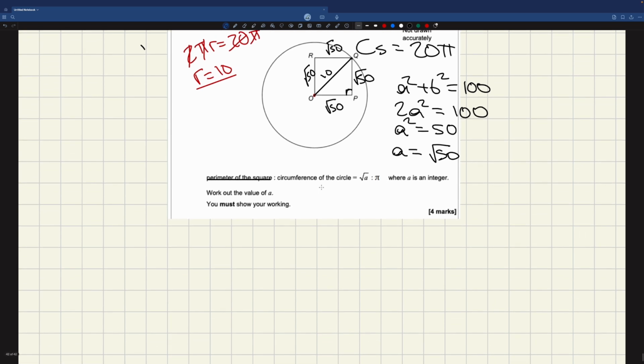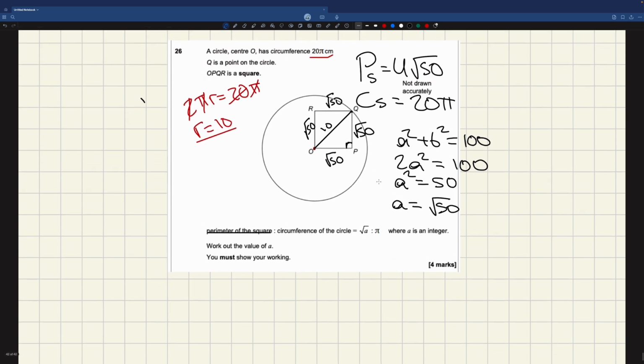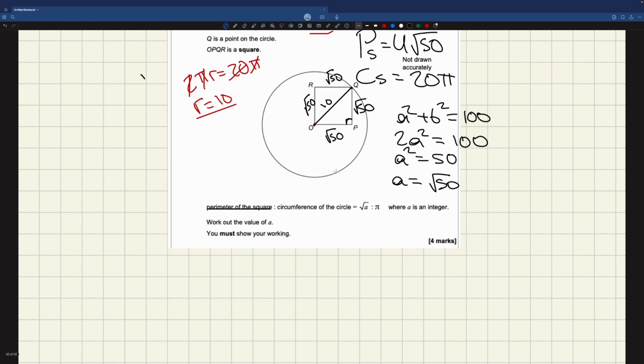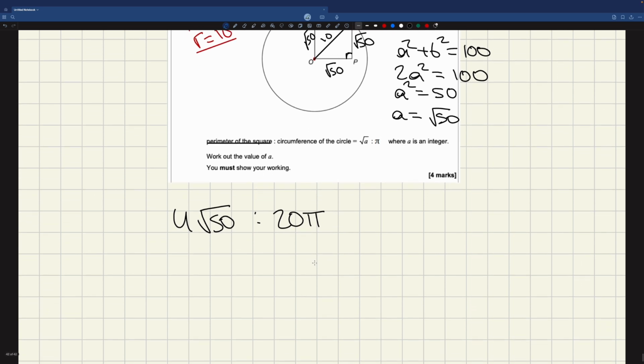Now we have to use one of these last statements. Perimeter of the square is proportionate to the circumference of the circle, like the square root of a is proportionate to pi. So let's go. The perimeter of the square is 4 square root 50. It's proportionate to 20 pi. And we have to bring it in the form of square root a is proportional to pi.